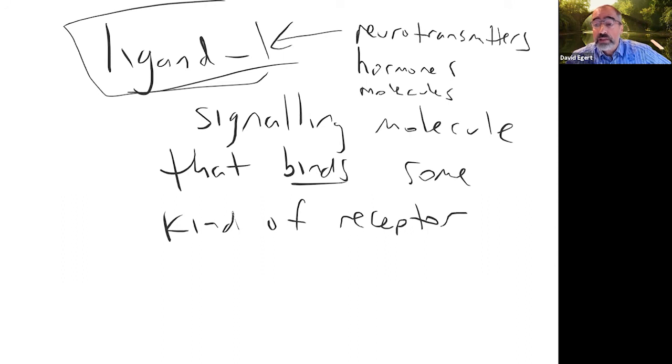And when they bind sugar, it opens up ion channels that create an electrical signal to your brain that you're tasting sweet. Right? So the ligand might just be kind of environmental molecules that you are detecting and turning on electrical signals that then go to your brain that you become aware of.